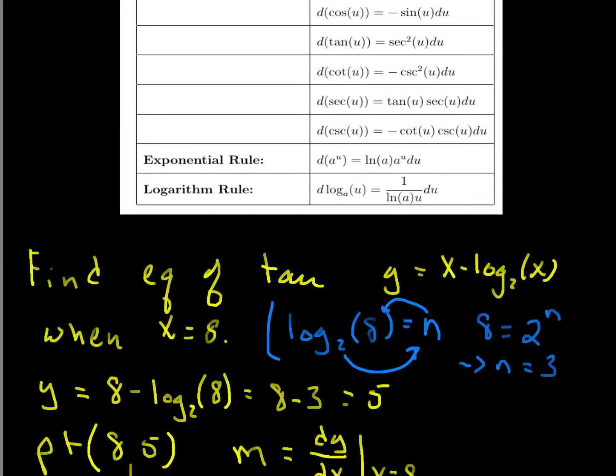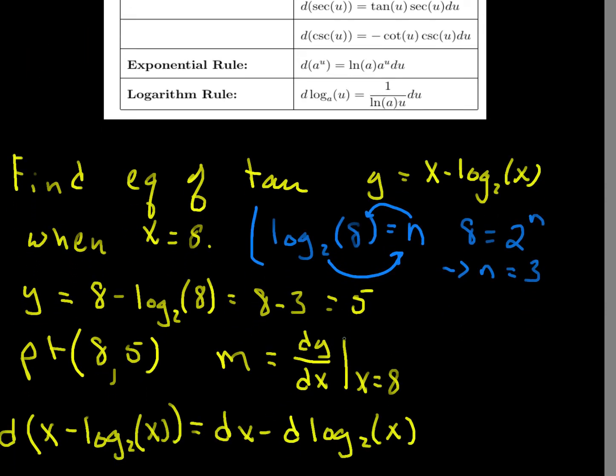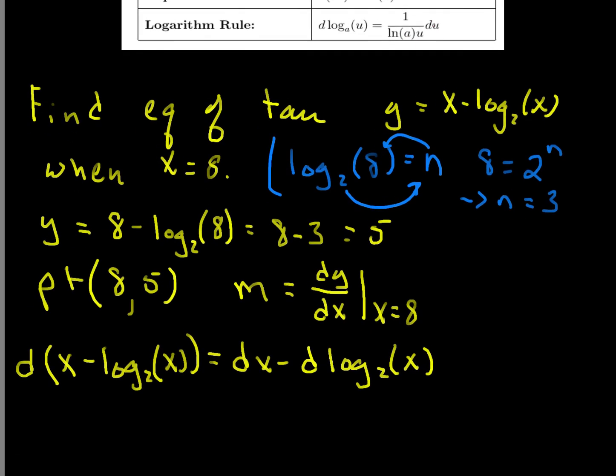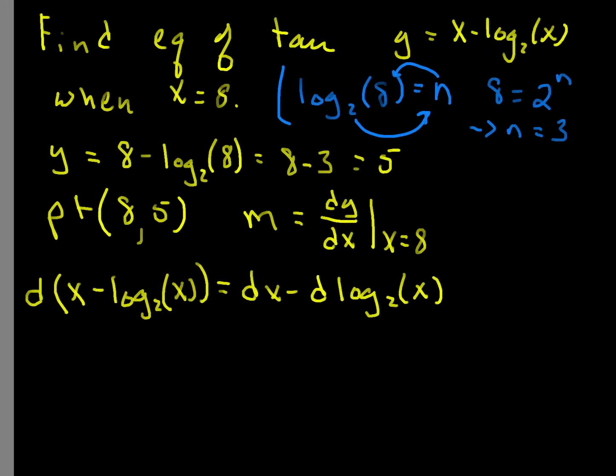Scrolling up to our rules, the differential of a logarithm, in this case log base 2, is 1 over the natural log of our base times our input, times du. So the differential of this whole thing is just dx, that doesn't change, minus 1 over the natural log of 2 times x, dx.